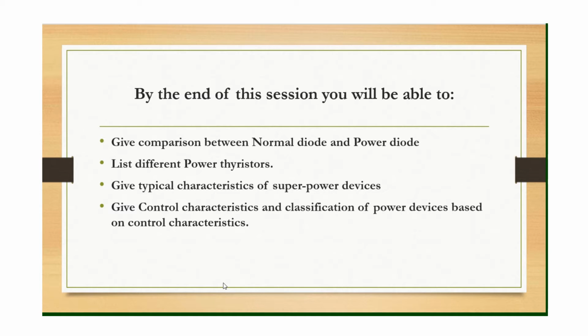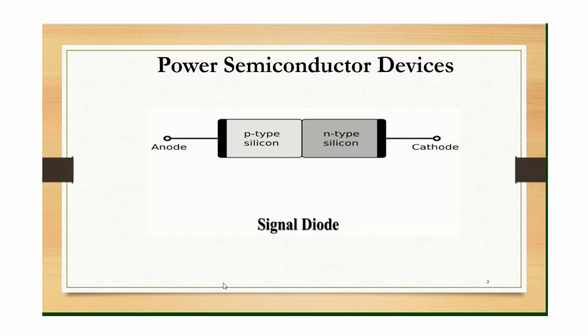Okay, so mainly when we compare the normal diode with that of the power diode, when we say power diode, it's not much different from that of normal diode. As you can see, the normal diode, as I have named here, is also called signal diode.